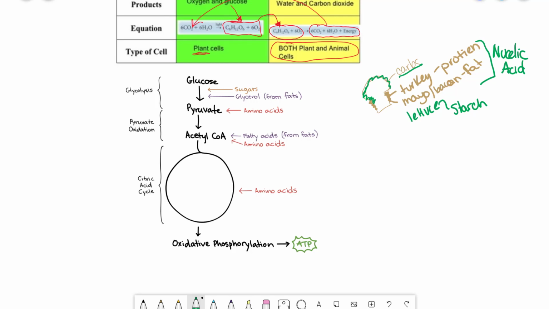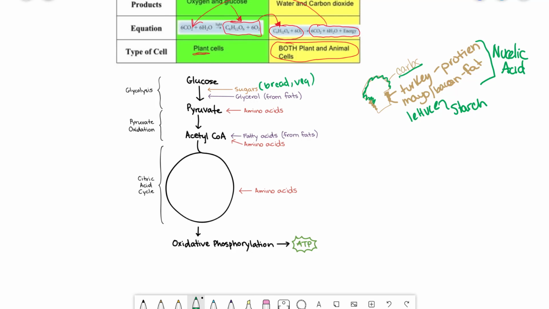So this is where our bread is going to go, and our veggies are going to go there. Now, the fat from our mayo and our bacon has to be broken down. The glycerol can go right into glycolysis, but the fatty acids will bind with and help create acetyl-CoA and start here.